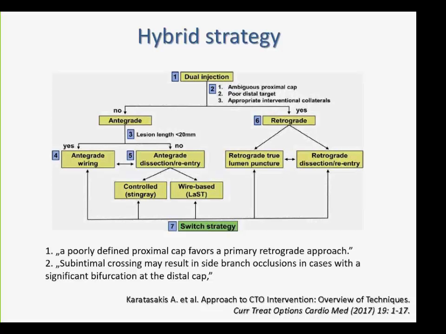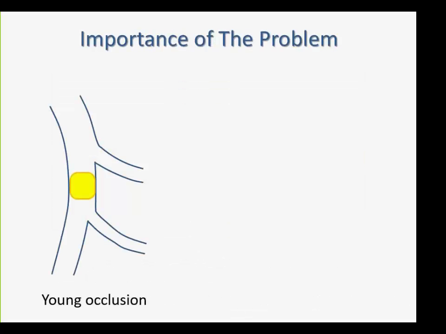The other statement in this publication is that subintimal crossing may result in side branch occlusion in cases with a significant bifurcation at the distal cap. So both the proximal and the distal cap may create difficulties and challenges during the procedure.